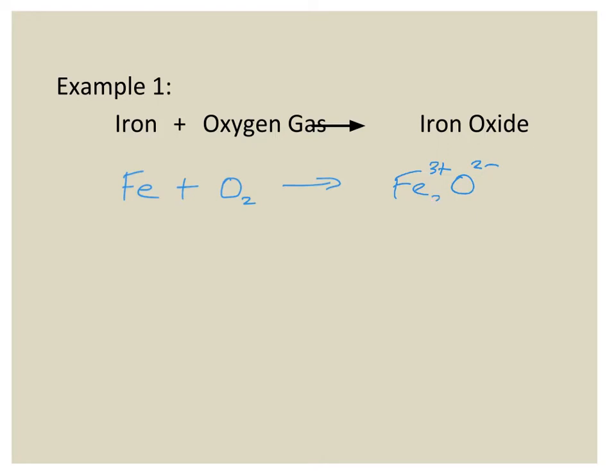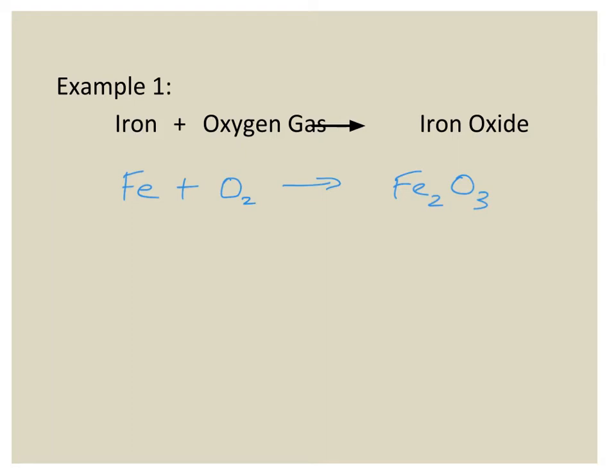So the 2 is going to go down here, and that 3 gets crisscrossed over there. So now I've changed my names into formulas. And once you're done crisscrossing ionic compounds, you do not need these charge numbers anymore. They kind of distract me and they get in the way, so I either erase them or scratch them out before I do my next step.